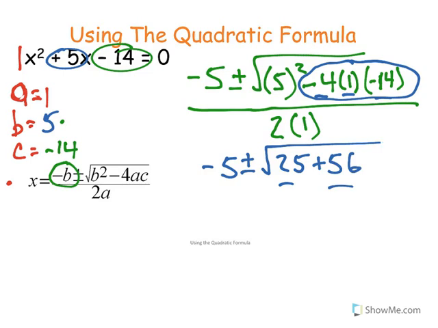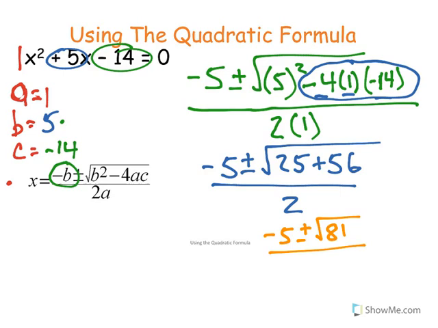You should have the b term squared, and then an operation symbol, and that operation symbol is the sign of the product of those three terms, the 4ac, and that's it. And then it's divided by 2 times 1, which is 2. So now I've got negative 5 plus or minus the square root of 25 plus 56 is 81, divided by 2.